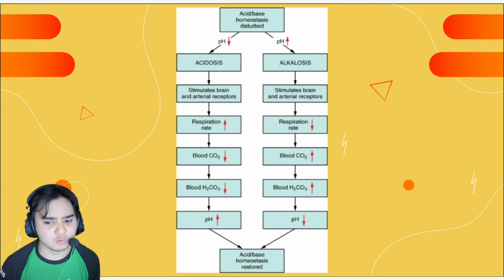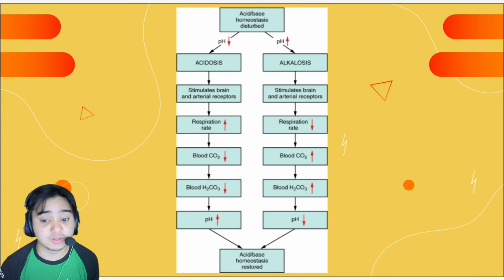After the CO2 is released from the body, there will be a decrease of carbon dioxide in the blood, as well as a decrease in carbonic acid to lessen the acidity. Then, with less acidity in acidosis, the pH level will increase to normal or achieve homeostasis.